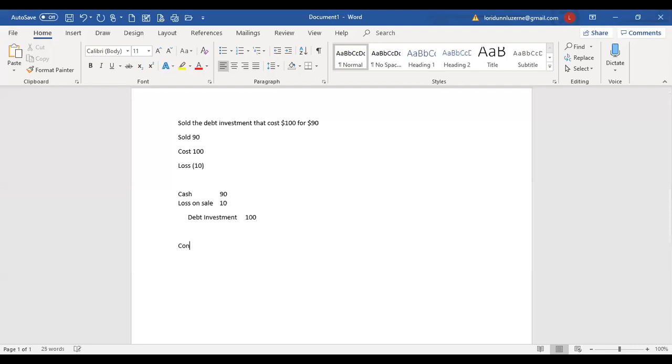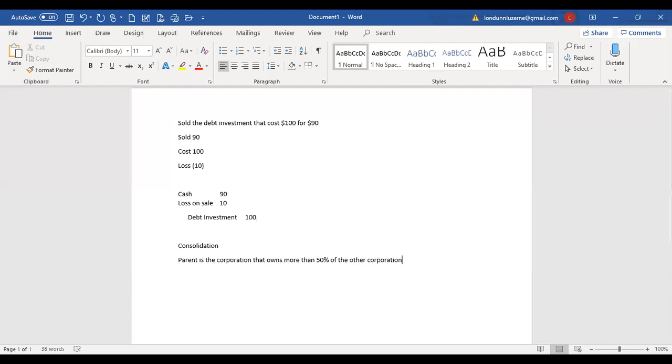Okay. So, consolidation. Some terms we need to be familiar with. First of all, the parent is the corporation that owns more than 50% of the other corporation. And some corporations own more than 50% of 2, 3, 4, 5 corporations.